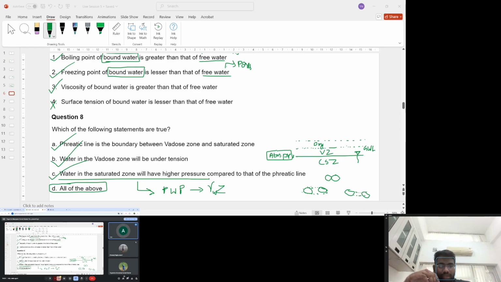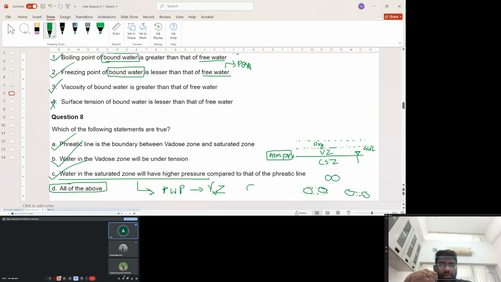Somewhere here two grains will be there, and usually in a partially saturated zone, water will be present like this. So it will be a meniscus kind of thing. So that is why water tends to pull the grains together.